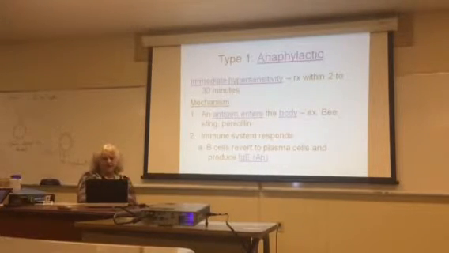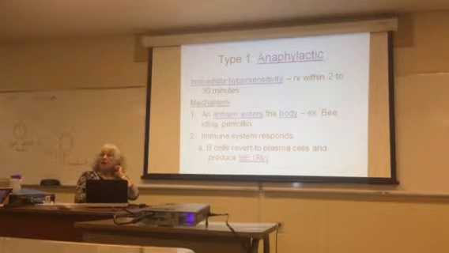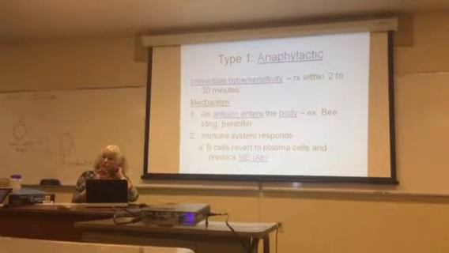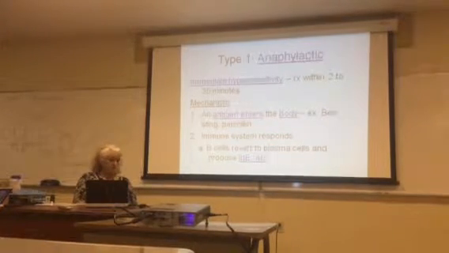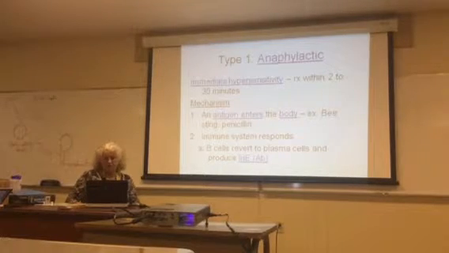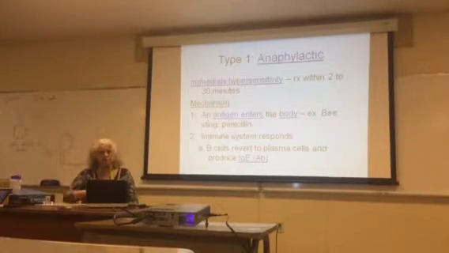An antigen enters the body, such as a bee sting or a shot of penicillin, and then your immune system responds, the B cells make plasma cells, and the plasma cells produce an antibody. For allergies, and you need to know this, the antibody produced is IgE. That is the one associated with allergies.